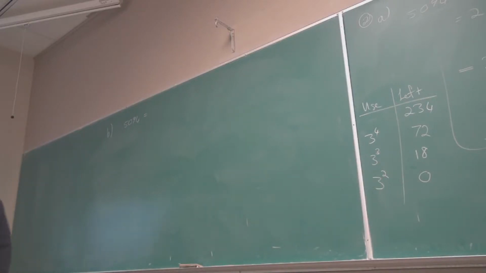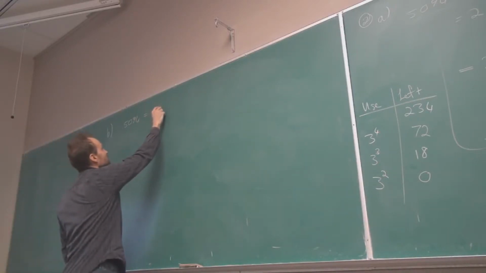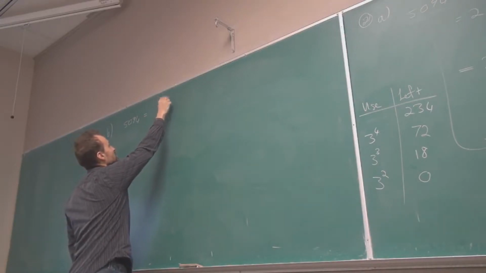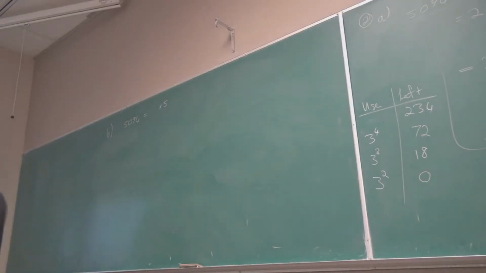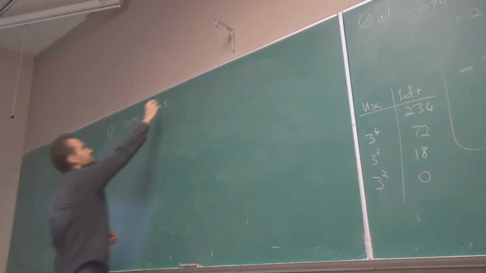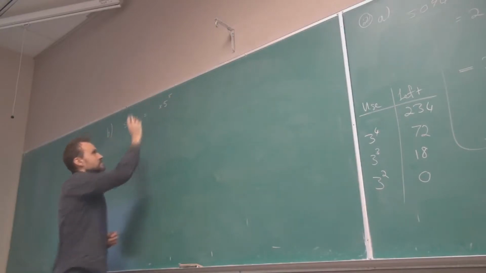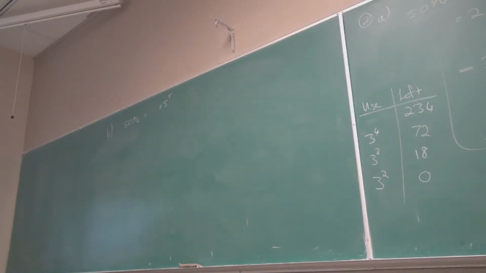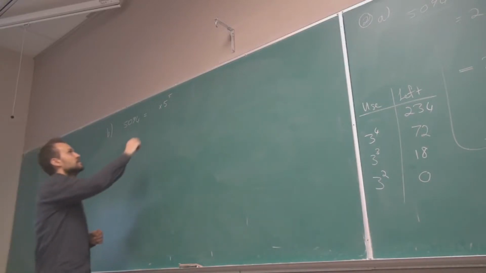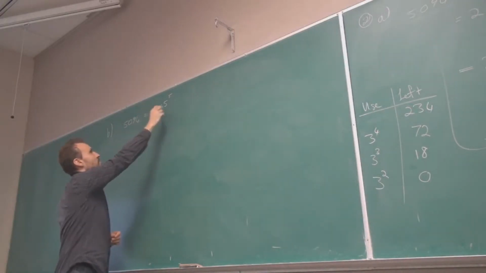So I know that 5 to the... what is the largest power that I can fit in? 5 to the 5? How many 5 to the 5s can I fit in? Just 1.